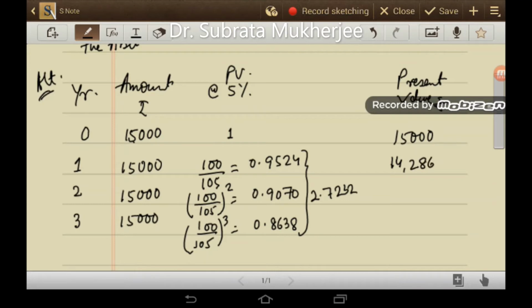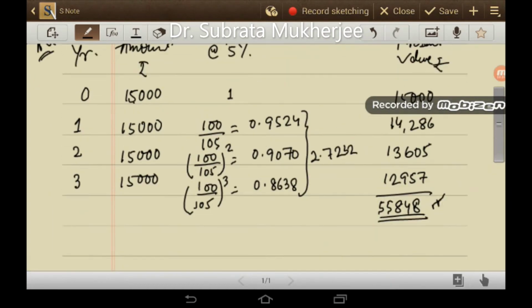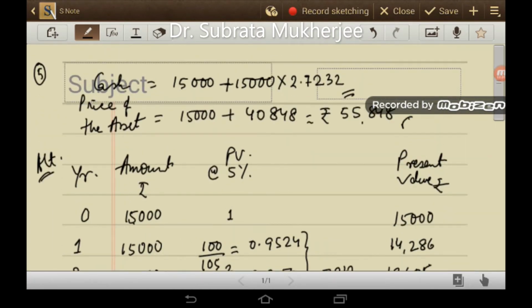Then 15,000 into 0.9070 is 13,605. 15,000 into 0.8638 is 12,957. And the sum total of the present value is 55,848. So this is basically the cash price of the asset that I have calculated earlier also. So 55,848.